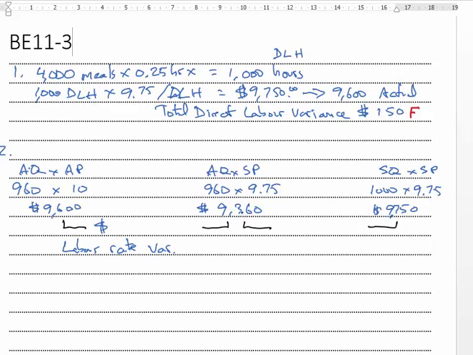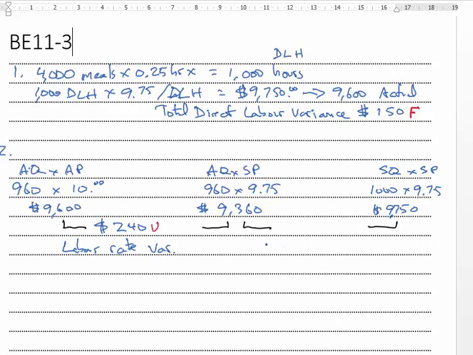This is going up from 9,360 up to 9,600, $240 unfavorable, which makes sense because instead of paying $9.75 an hour, we're paying 10 bucks an hour. So yeah, that's logical. Oh, I'm going to make my U in red just for effect here.